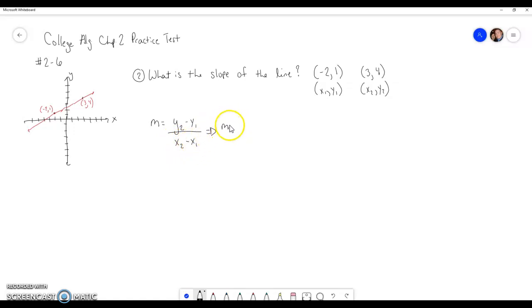Okay? So my slope is equal to, my y2 is 4, minus my y1 is 1. So 4 minus 1 up top. And then x2 is 3, and x1 is -2. So 3 minus -2 in my denominator.